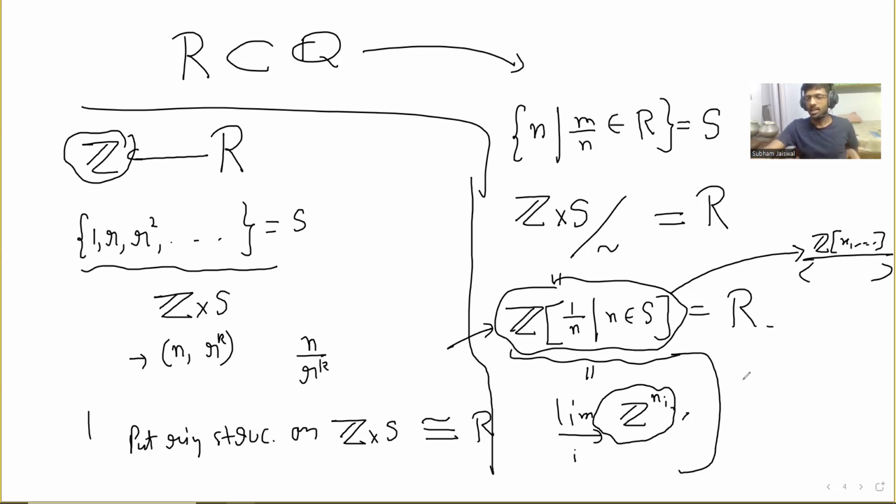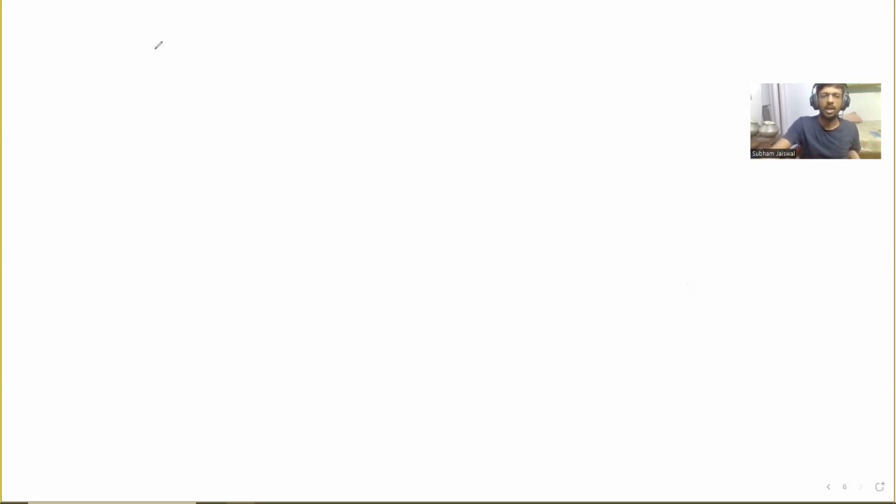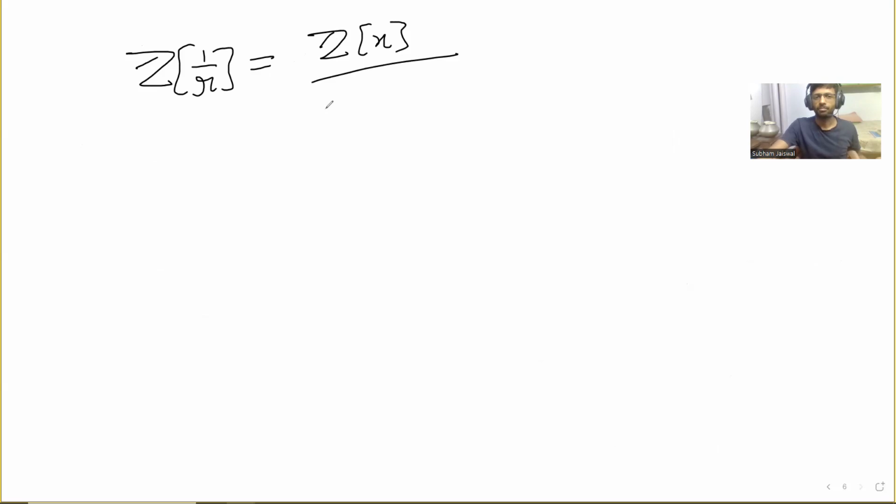What happened here, you had this thing, which I said is a localization, but you can obviously write this as the same thing with this minus 1 equal to 0, so with this relation.